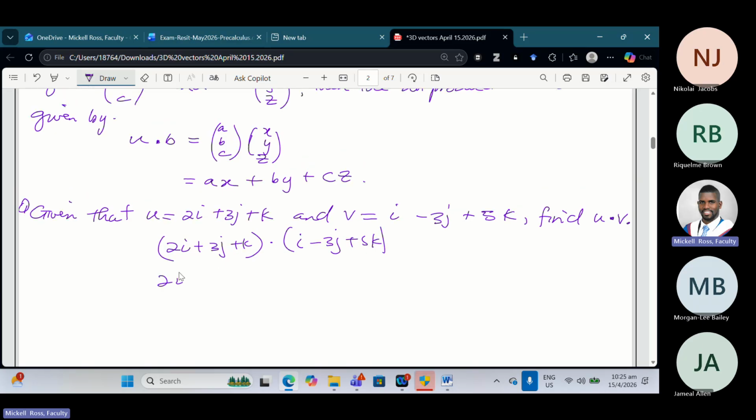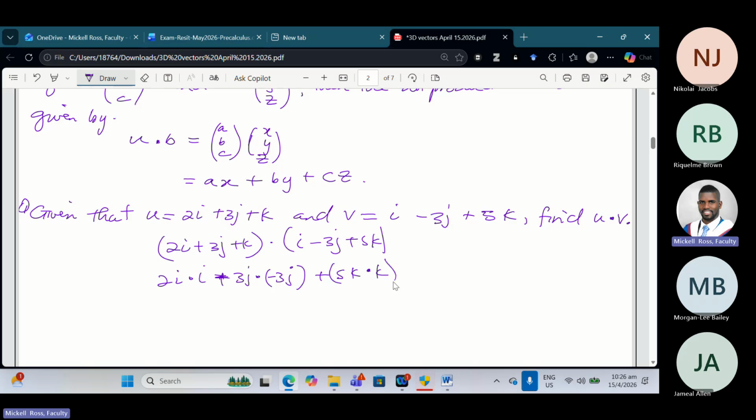So we're going to have 2I times I, plus 3j times negative 3j, plus 5k times k.